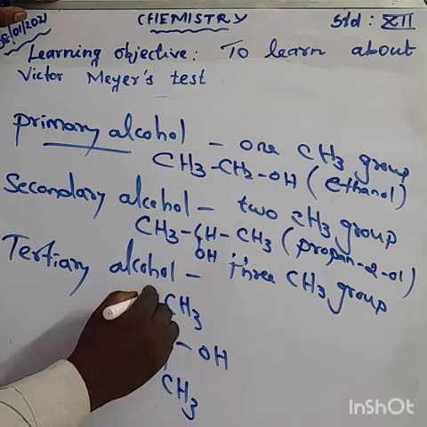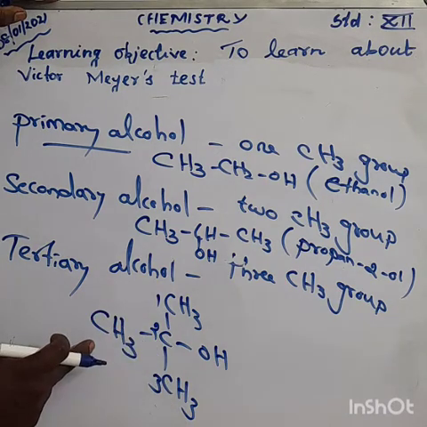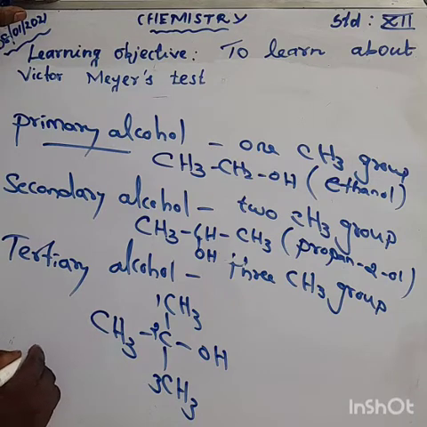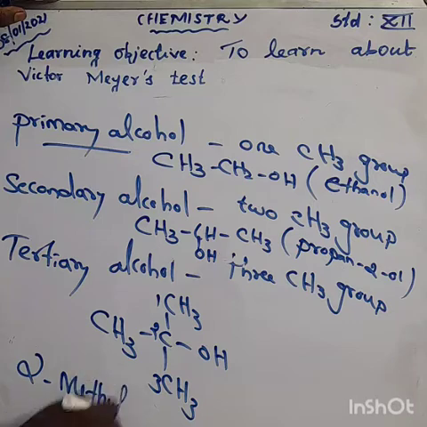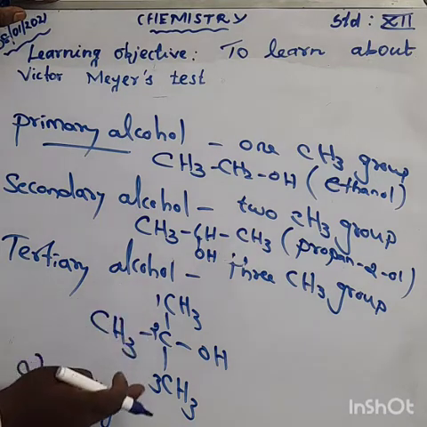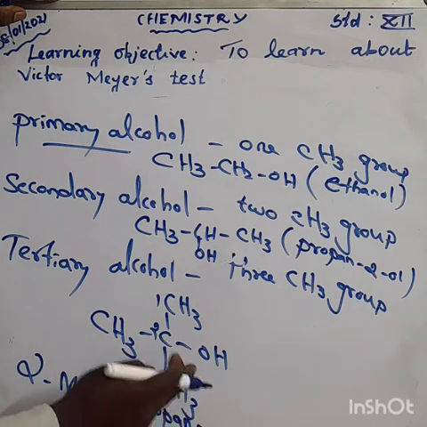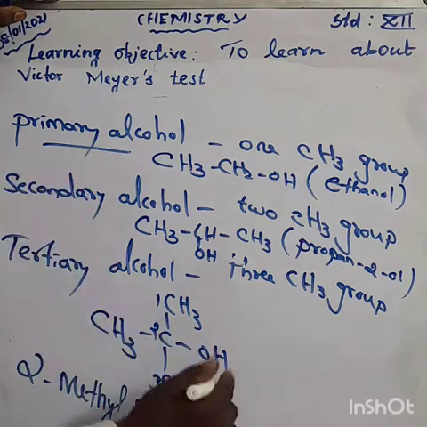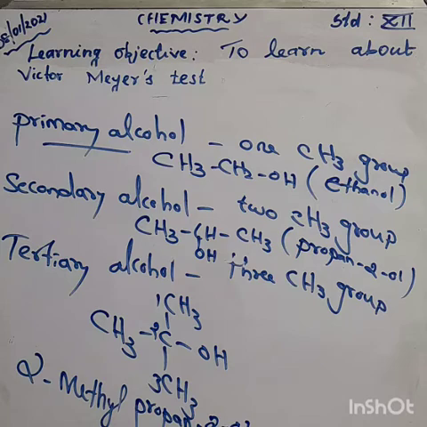Give the numbers 1, 2, 3. The second carbon has a methyl group, so we give the name 2-methyl. Here there are three carbons, so the name is propane. The second carbon has the OH, so we say 2-ol. That is the scientific name, am I right?